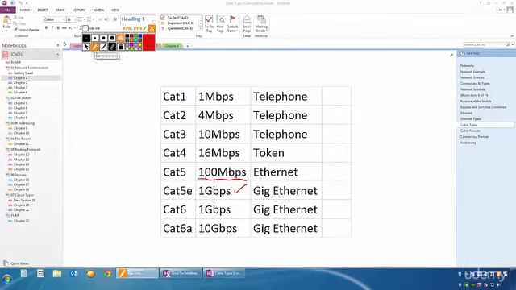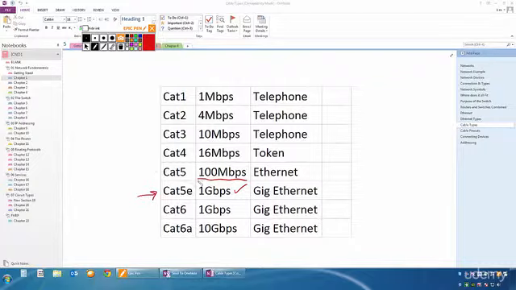If I'm pushing 1,000 megabits per second, I'm sending it at a faster rate. If I'm sending it at a faster rate, I'm going to be increasing the velocity, increasing the bandwidth, and it's going to cause me to have a bigger magnetic field around that wire. So I give it more twists per inch.